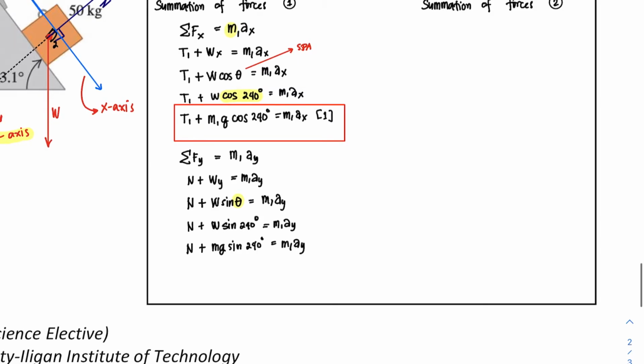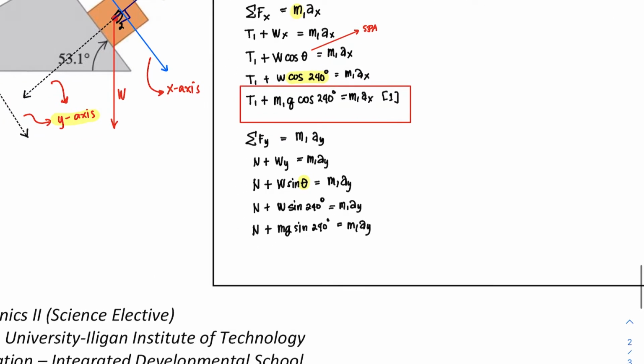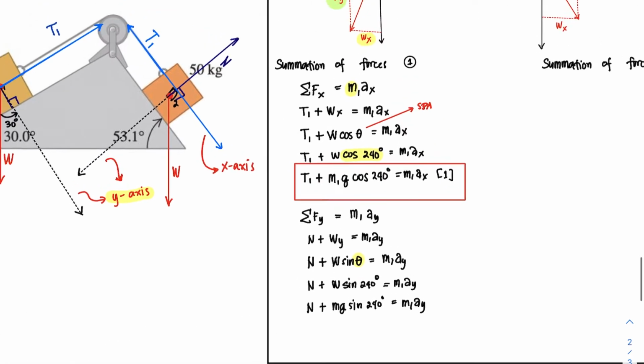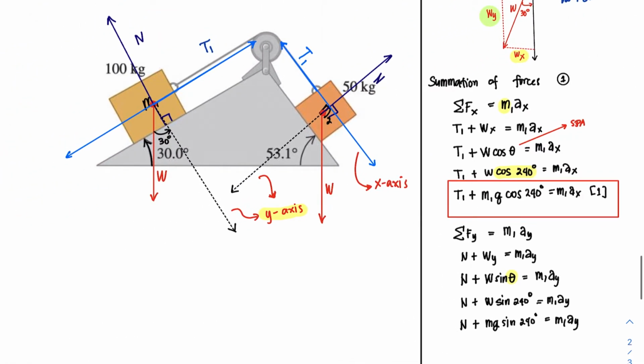So if you try to look into that one, it might be tempting to say, okay, this is my final equation. But remember that your object here actually is moving, diba? Mass 1 is more massive, 100 kilograms and 50 kilograms. So this will slide down toward this. And if you remember, we made this as our x-axis.